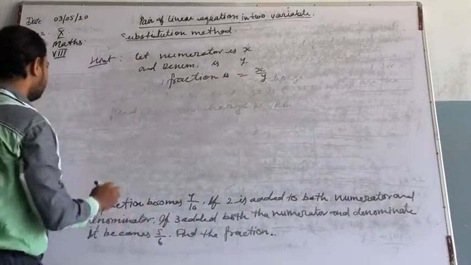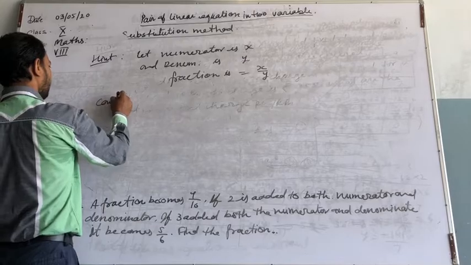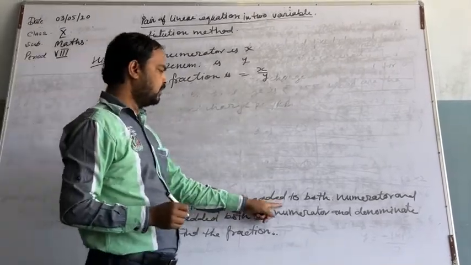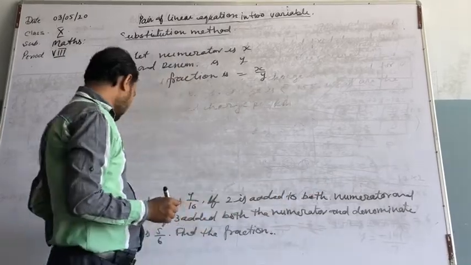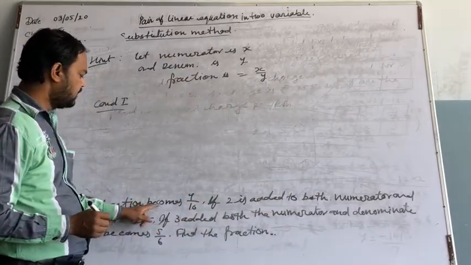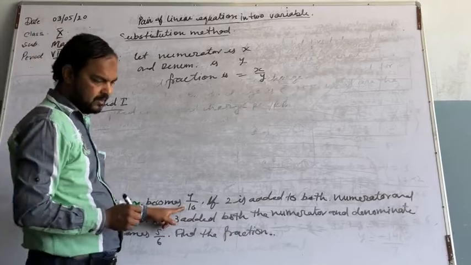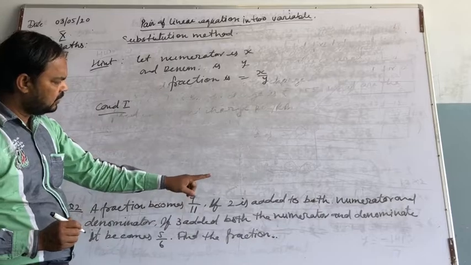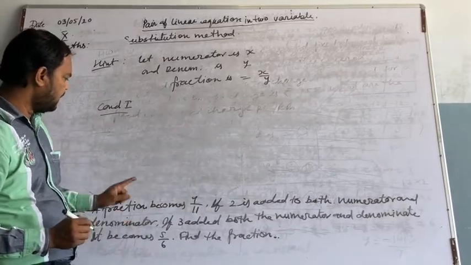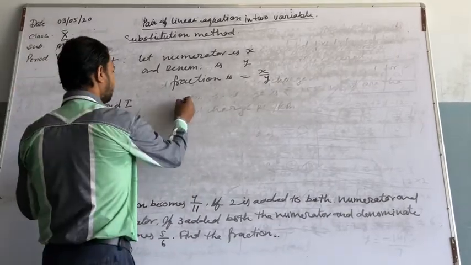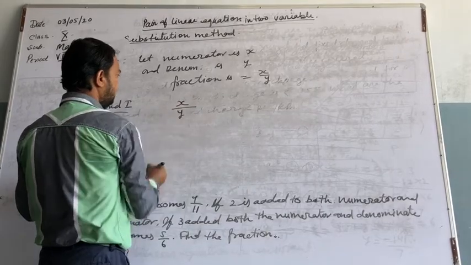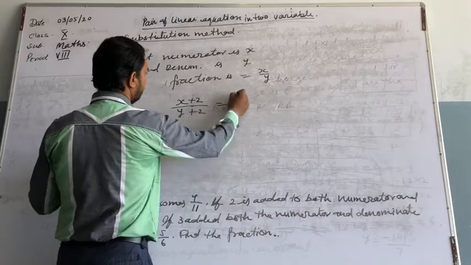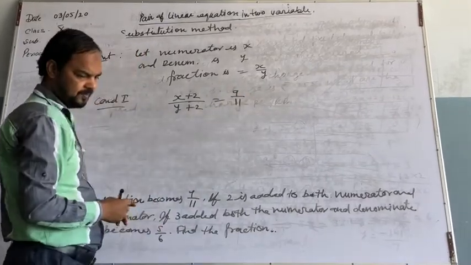Now follow the conditions. Condition first. What is the condition first? If 2 is added to both numerator and denominator, the fraction becomes 9 upon 11. Means x upon y is your fraction, 2 is added to both numerator and denominator, it becomes 9 upon 11. Right?